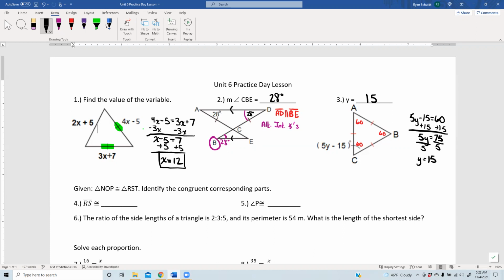Okay, number 4. They give us the fact that triangle NOP is congruent to triangle RST. We have to find the congruent corresponding parts.